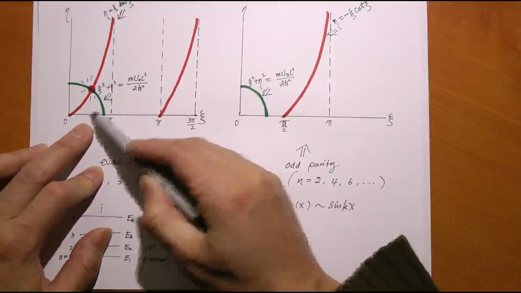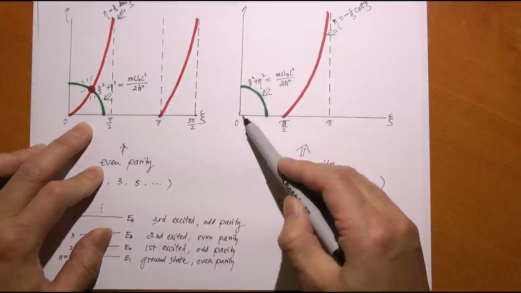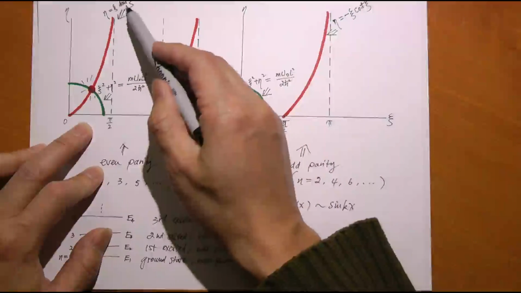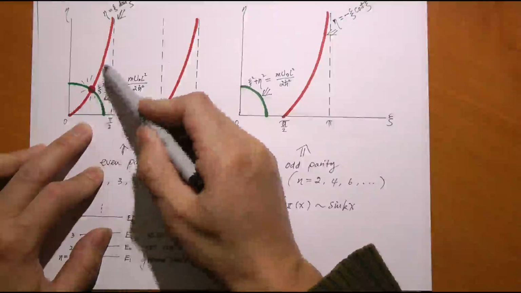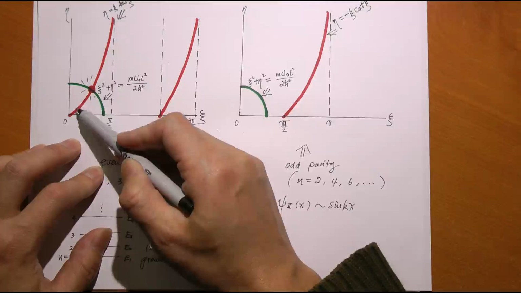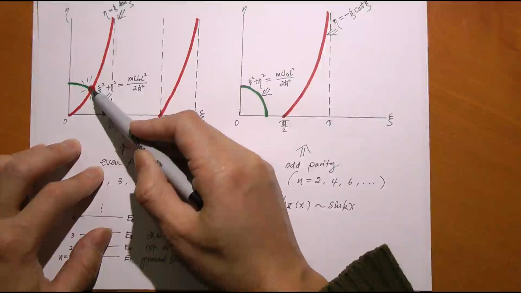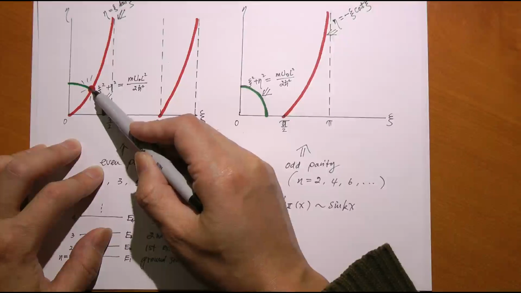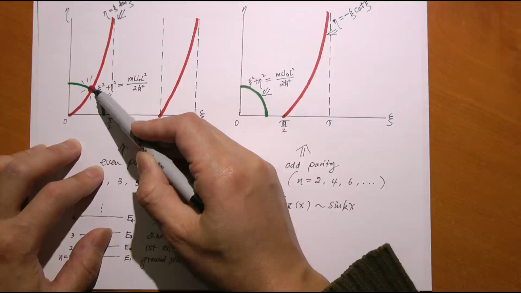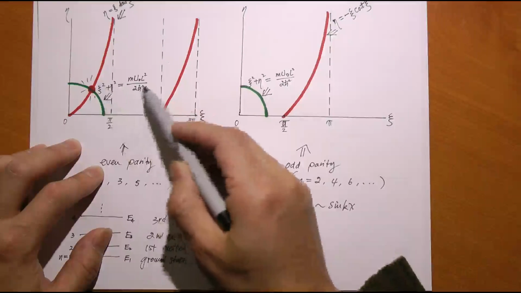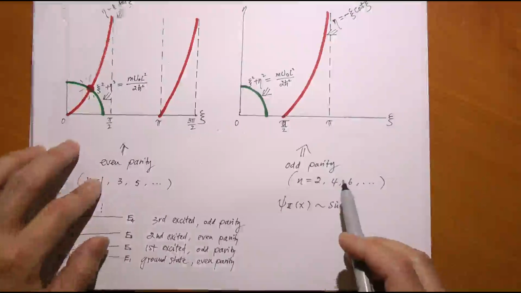It never crosses the second branch, let alone the third or the fourth branch. But it can certainly cross the first one, because the first one starts from 0. So you have at least one solution. That solution corresponds to the lowest energy. That is the solution corresponding to our ground state. So there is always a ground state, no matter how shallow that U0 is.